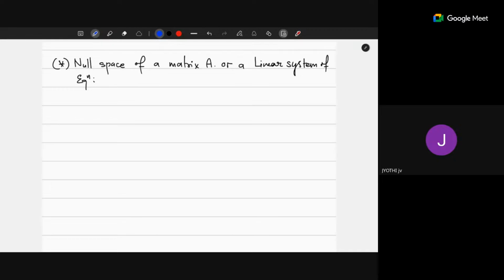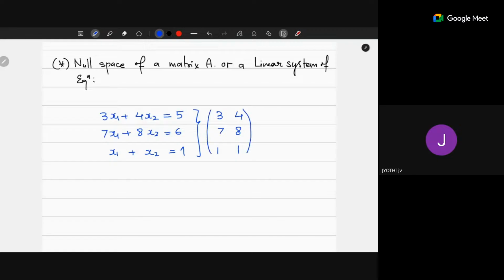For example, if I have 3x1 plus 4x2 equal to 5, 7x1 plus 8x2 equal to 6, and x1 plus x2 equal to 1, then each equation is a linear equation, and I can realize this system as a 3 cross 2 matrix, 3, 4, 7, 8, 1, 1, multiplied with x1, x2, which is a 2 cross 1 matrix, giving another column matrix, 5, 6, 1, which is 3 cross 1.